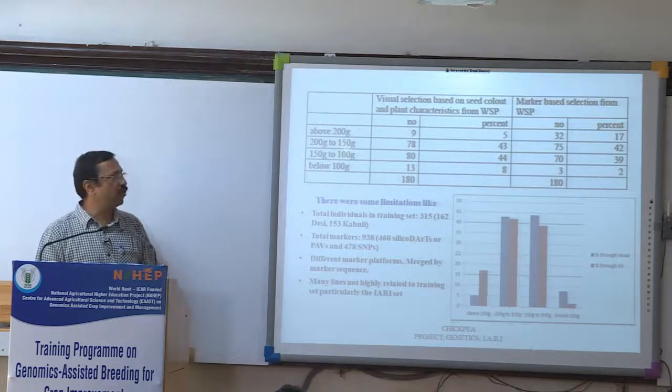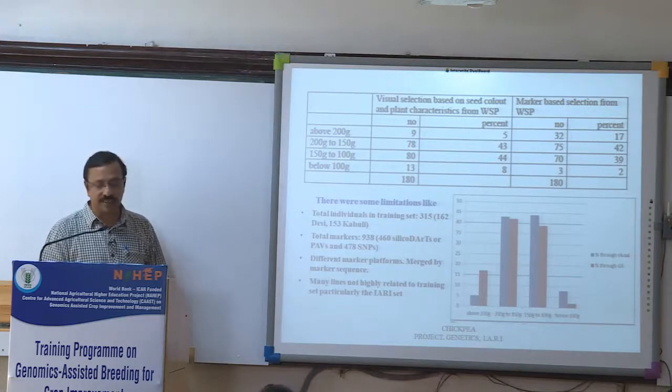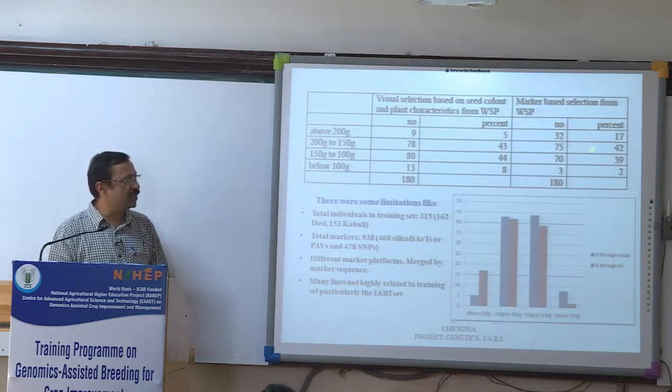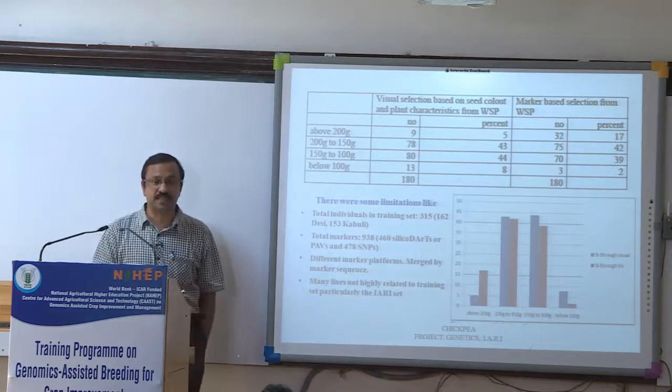If you look above, this has an accuracy of 9, that is 5% of the lines. And what is the accuracy here? 17. So if I combine these three which used molecular markers, they themselves give 98% accuracy.